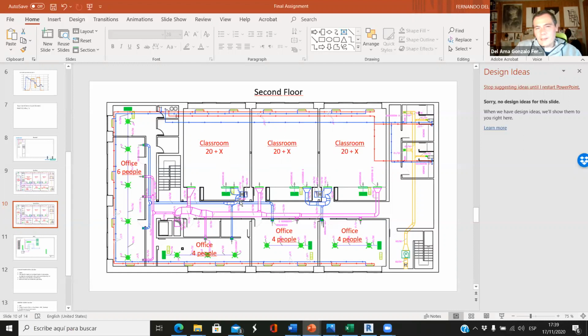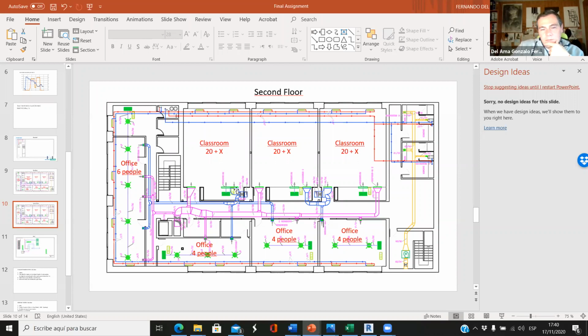So the temperature that we need in this classroom can be different than the temperature that we need in this classroom because of the occupancy. Okay, so that's why having two systems, it's more expensive, it's more complicated, but we gain flexibility. Having two systems, it's better.